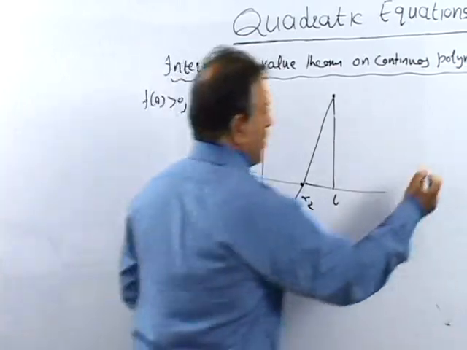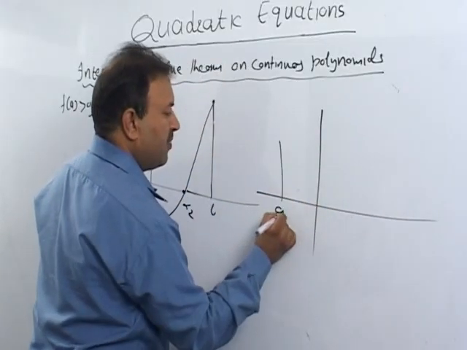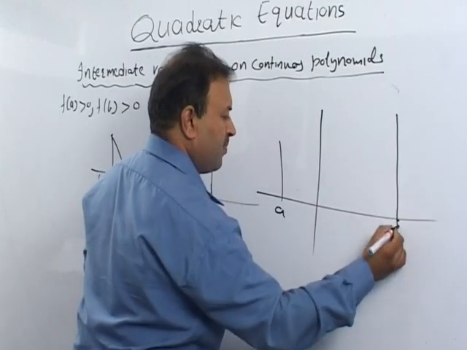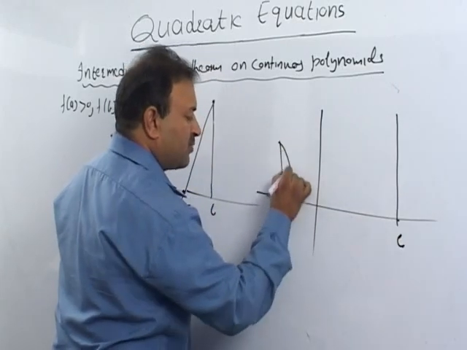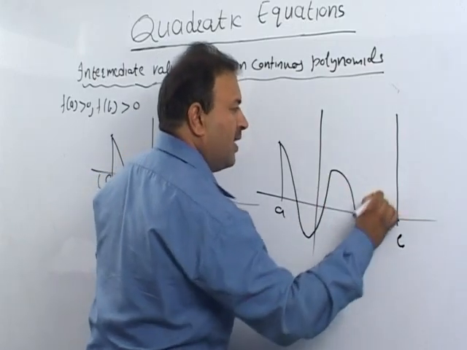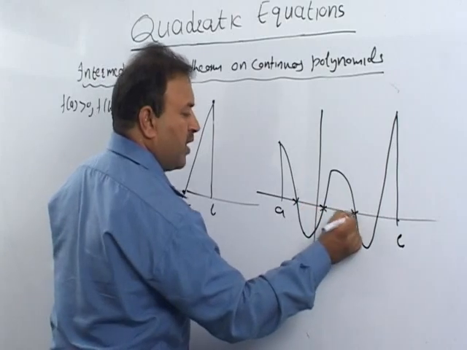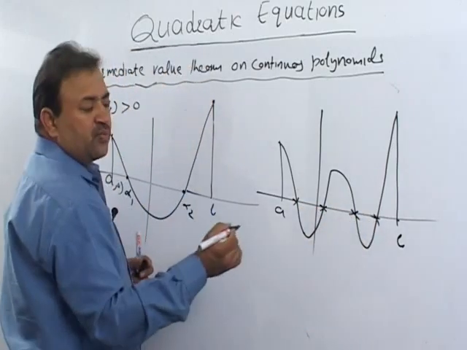Similarly, this is A, this is B, it may go below the x-axis, come up, go below, and then go like this way. So it may have 1, 2, 3, 4, so it may have 4 real roots.